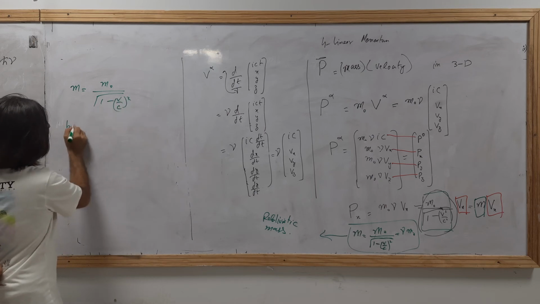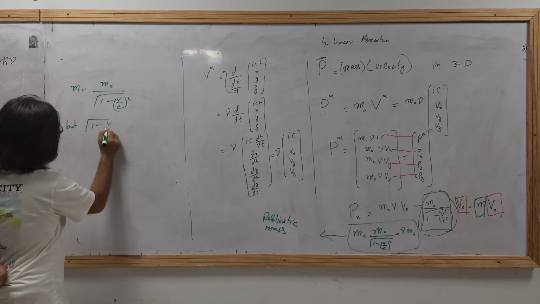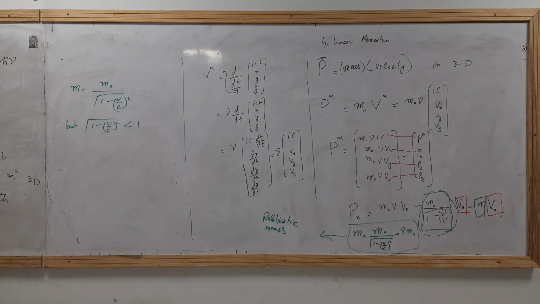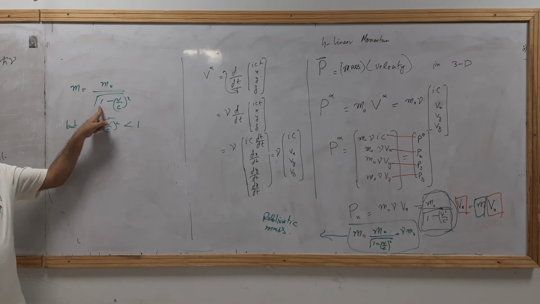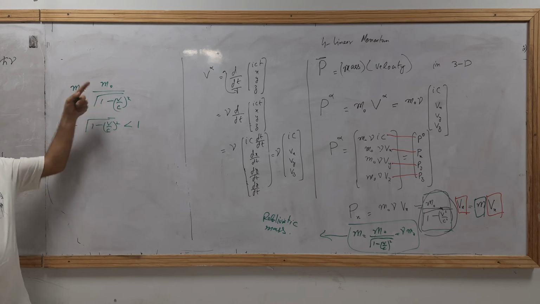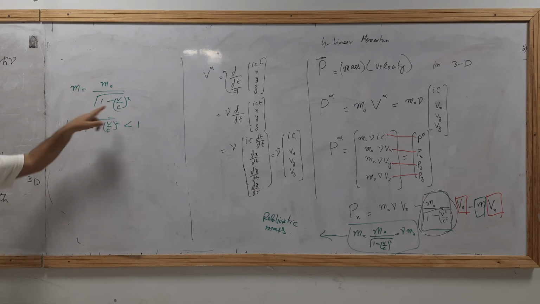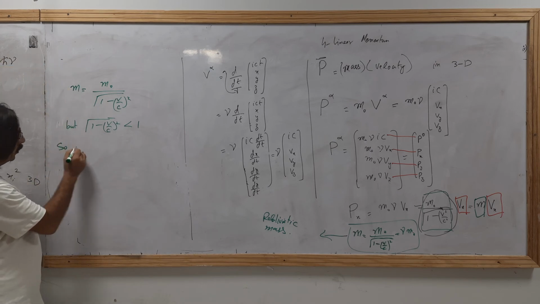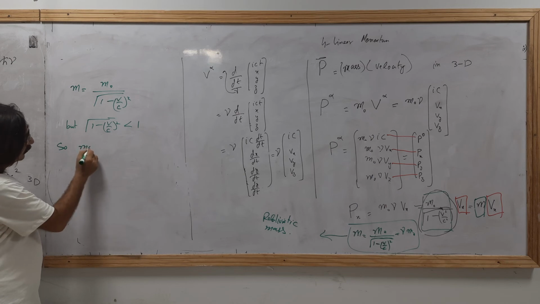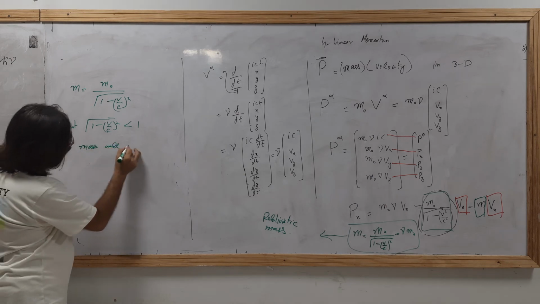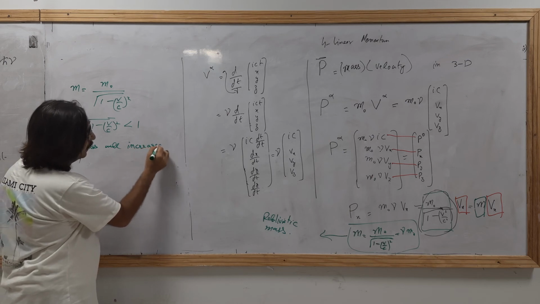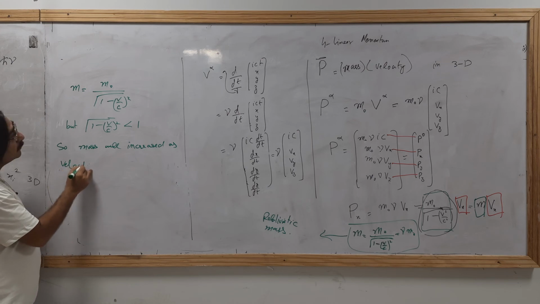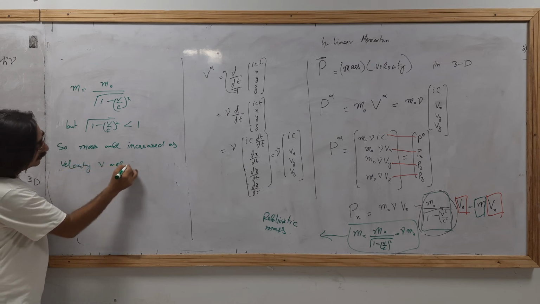But as you know, 1 minus v square over c square is less than 1. And the more its value decreases, the more the value of the mass increases. So the mass will increase as the velocity v increases.